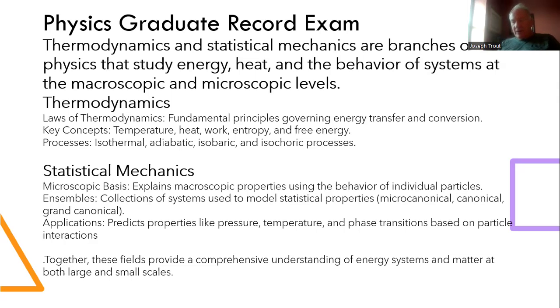For example, if you have a cup of coffee and you set it on your desk, it'll cool off eventually. So thermodynamics studies how that happens, for instance how long it will take the coffee to cool off, and properties like this. What happens to that heat that leaves the coffee? It goes into heating up the room, for instance.